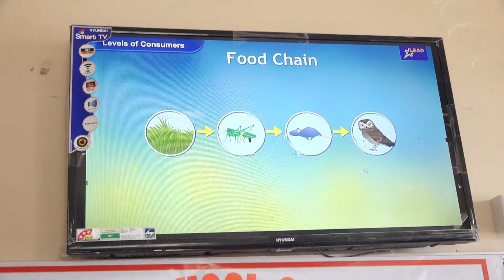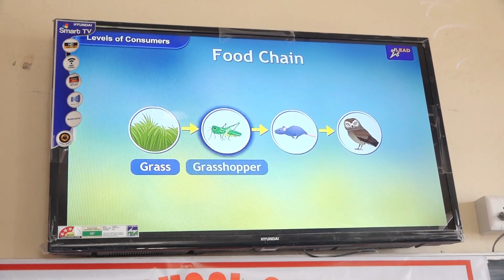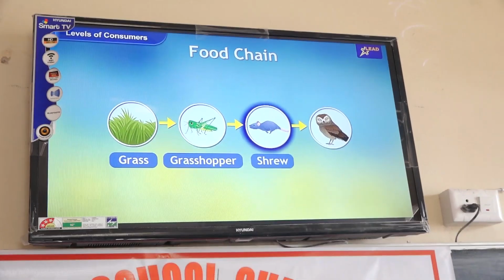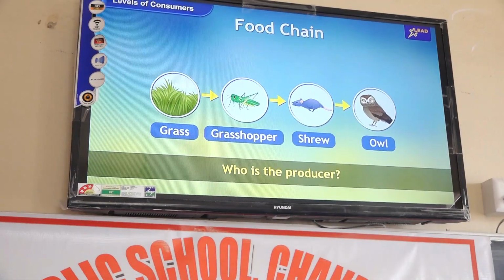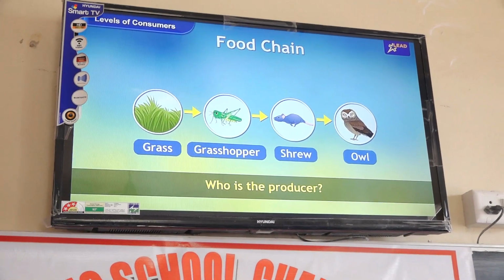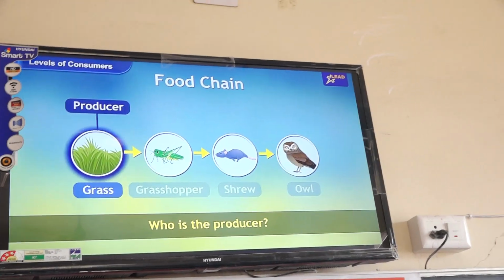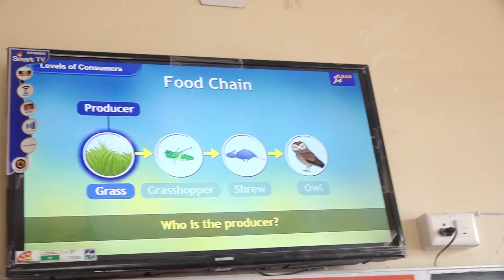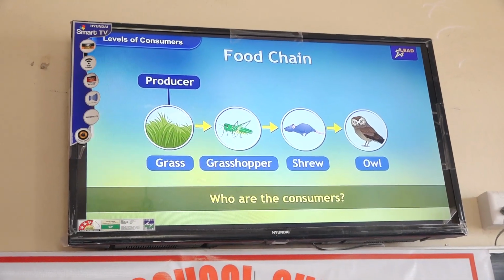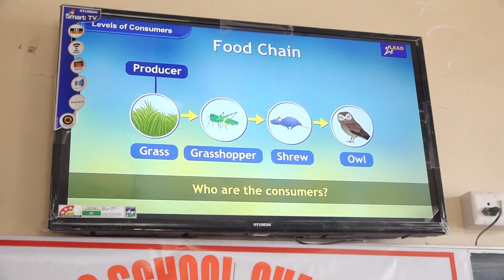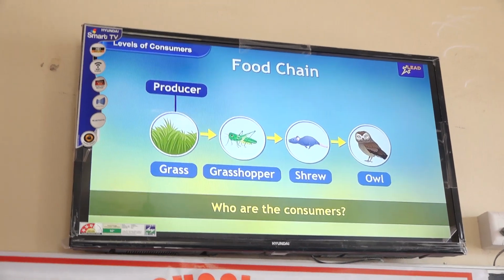In a food chain consisting of grass, a grasshopper, a shrew, and an owl, who do you think is the producer? The grass is the producer in this food chain, as it can make its own food. Who do you think are the consumers in this food chain?